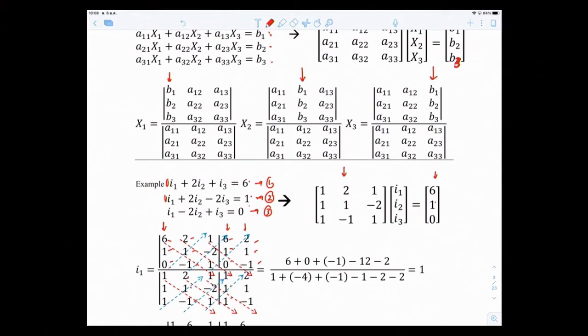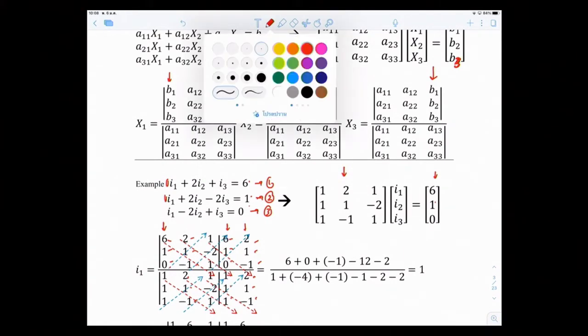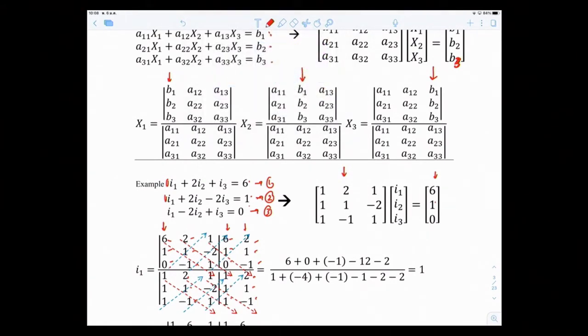And you do the multiplications. The red ones take the positive sign. So 6 times 1 times 1 is 6, 2 times minus 2 times 0 is 0, and 1 times 1 times minus 1 is minus 1.